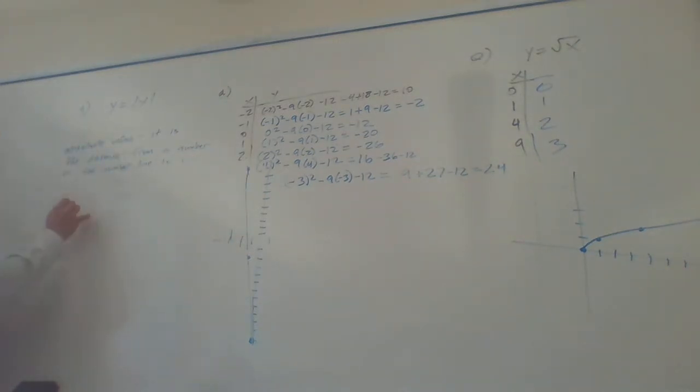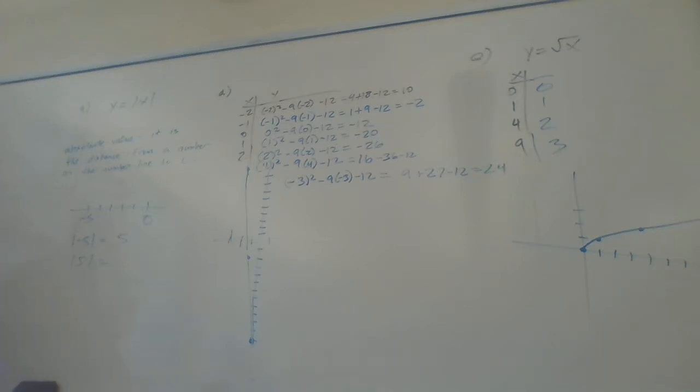Why does that make sense? Because if I said -5, -4, -3, -2, -1, 0, what's the absolute value of -5? It's 5. Okay, what's the absolute value of 5?